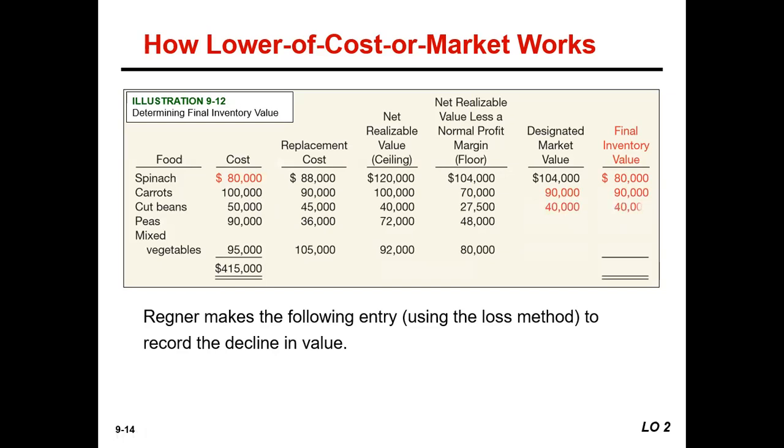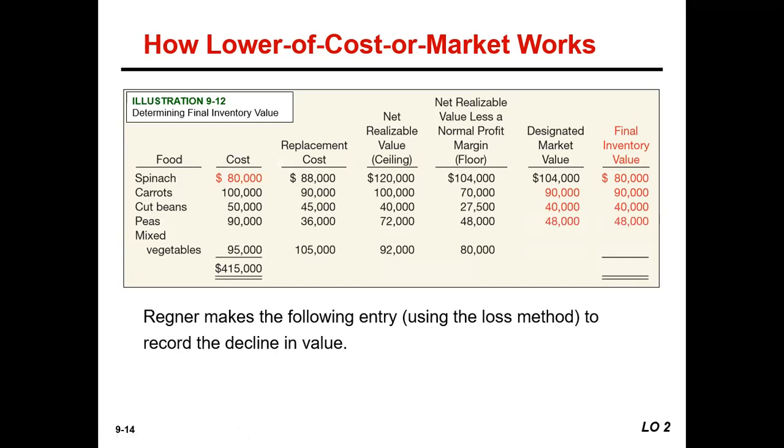The cut beans, it looks like we've got cost of 50,000, replacement cost of 45. The ceiling is 40,000, the floor 27,500. So we're using the lower of cost or designated market value, and again, that's 40,000 in this case, right?